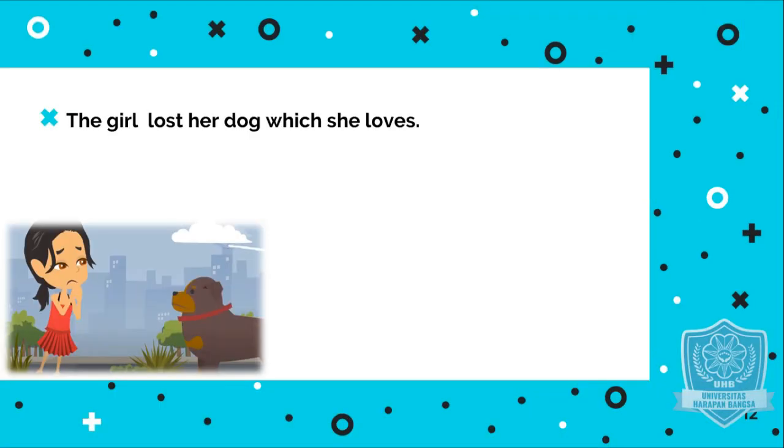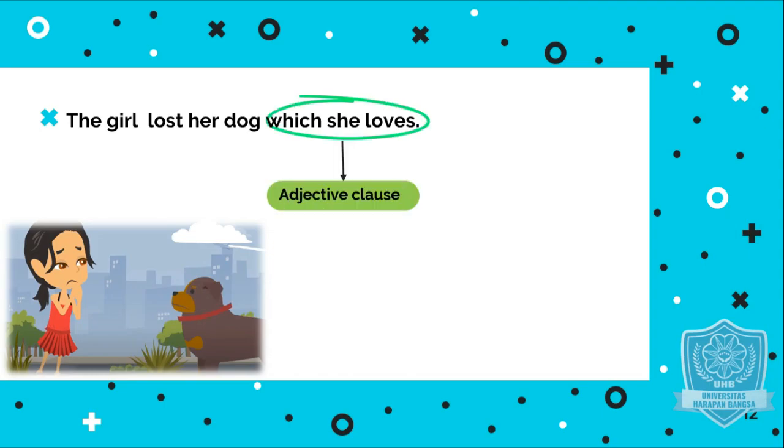And then the second example: the girl lost her dog which she loves. Which she loves is considered the adjective clause, because here it describes the dog. We use which, not who, because who is only for people or a person.